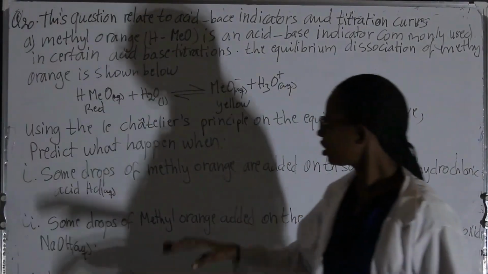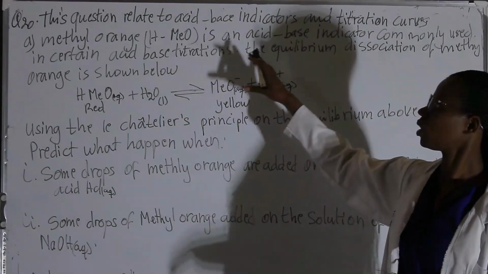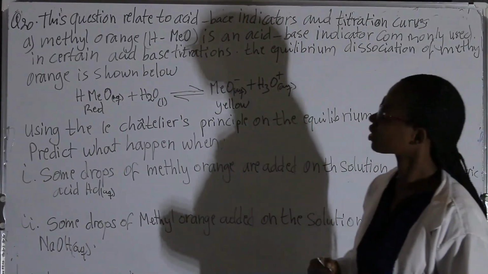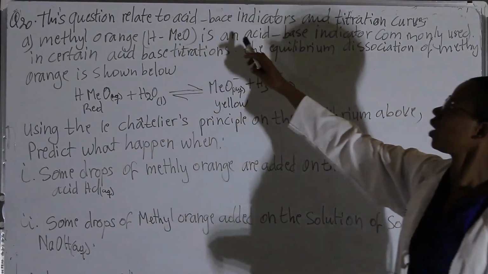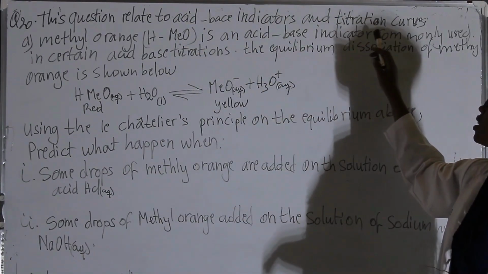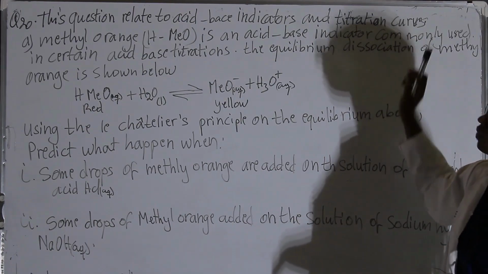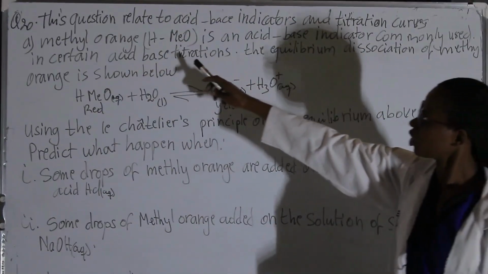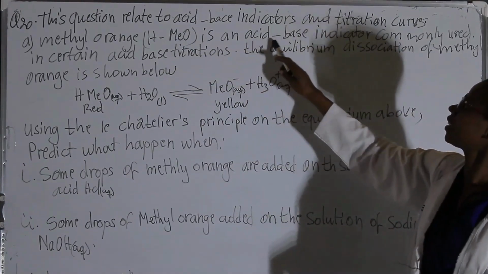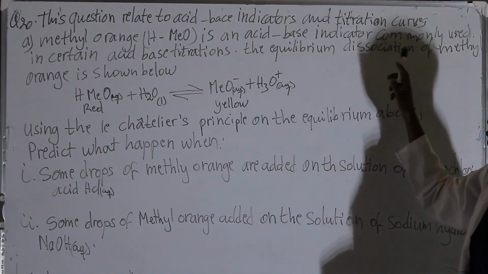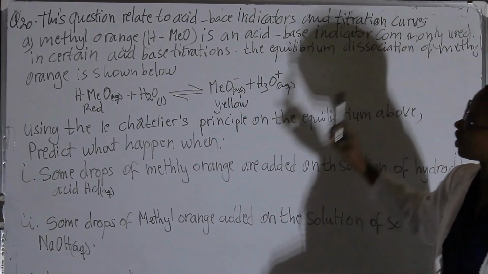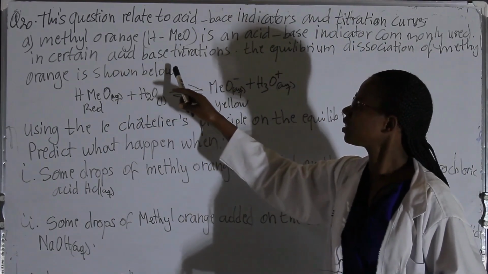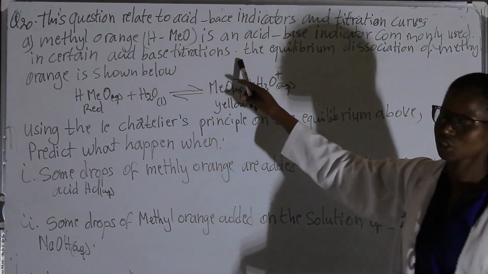Now, let's move on to our last question. This question relates to acid-base indicators and titration curves. Methyl orange is an acid-base indicator commonly used in certain acid-base titrations.